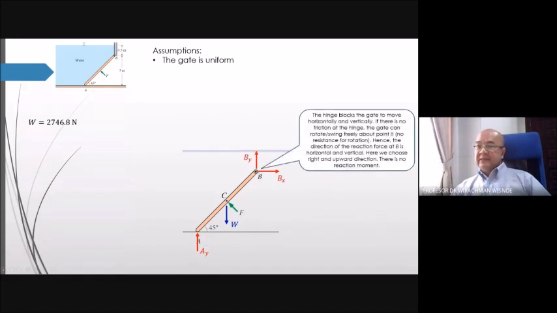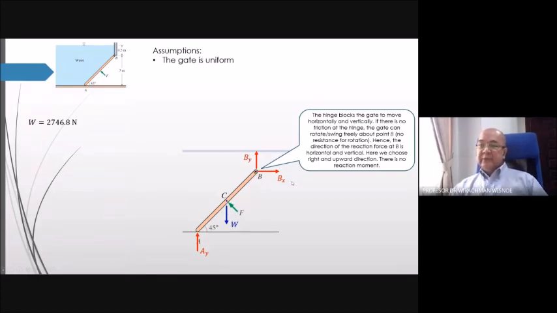At B, the hinge doesn't allow the gate to move left, right, horizontally, or vertically. So it means the reaction force will be horizontal and vertical. Here I choose right and upward. You can choose left and downward. It's up to you. That's just the convention.